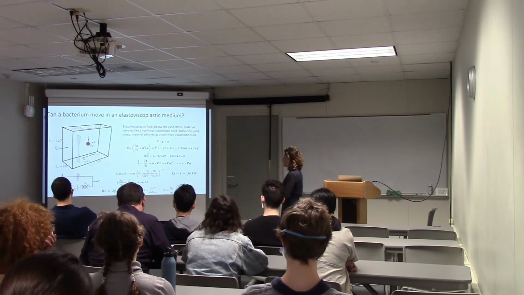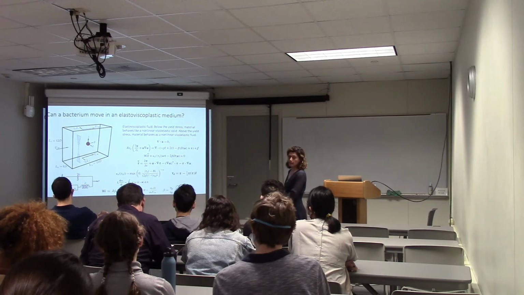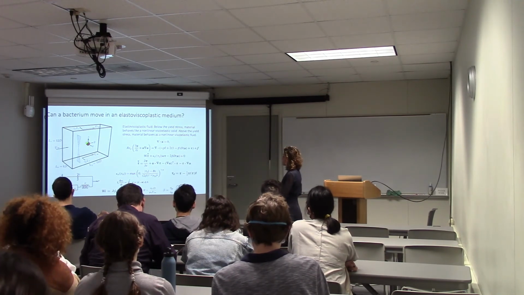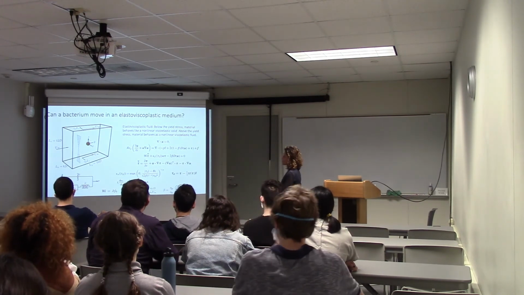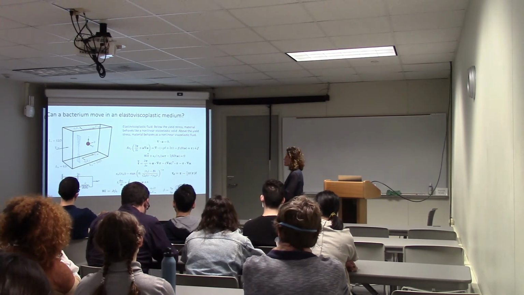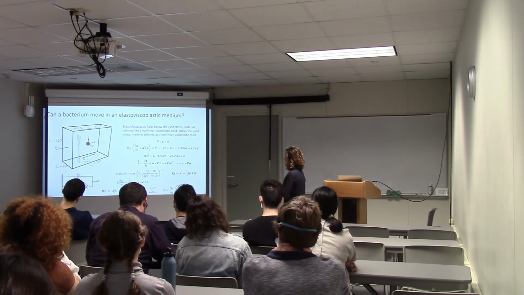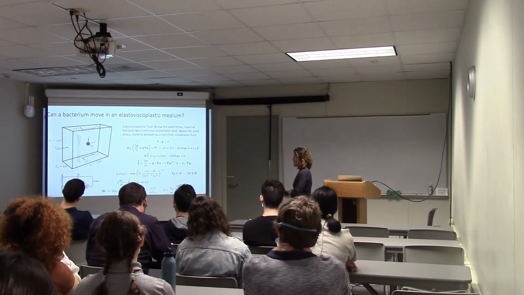I'm very interested in understanding the shear-induced sedimentation of a particle in a gel. So we wanted to know, if I put a sphere in a gel and the gel has elastic and plastic properties, as I shear that, what would be the sedimentation of that sphere? So we solved this problem for an elastoviscoplastic fluid.